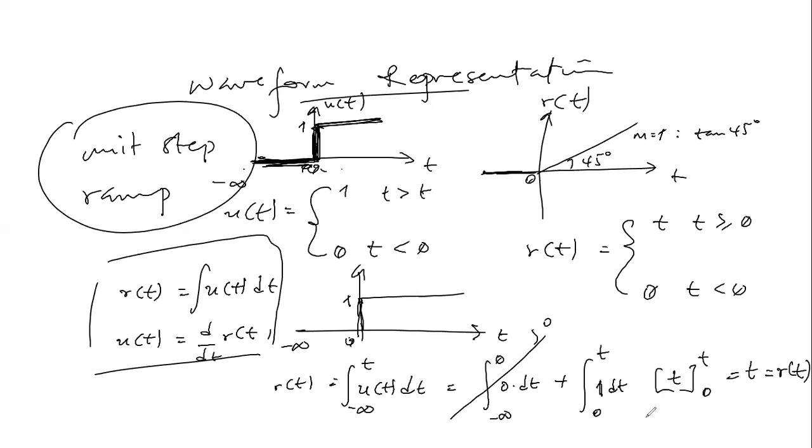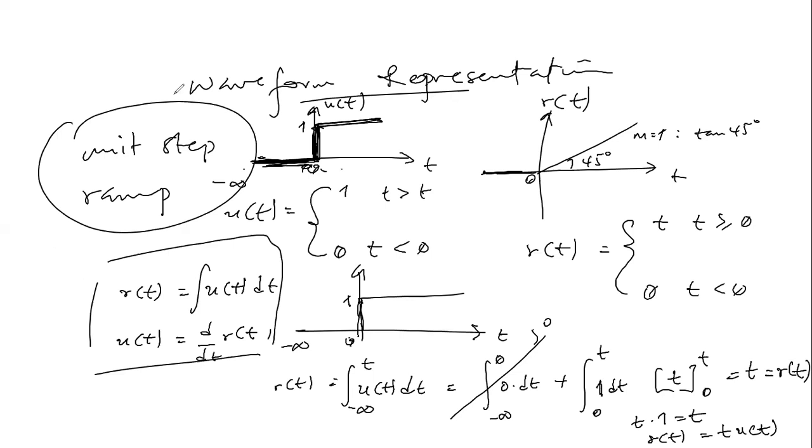So we can now say that t times 1 is the same as t, and that the ramp function is the same as t u of t, since u of t is 1. I need you to take note of this.